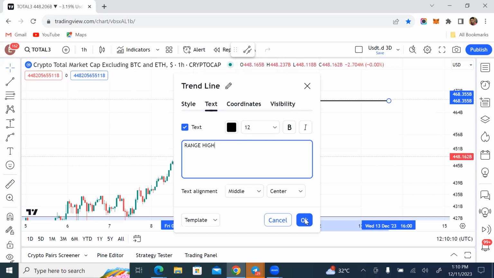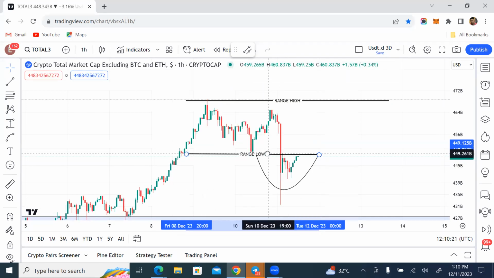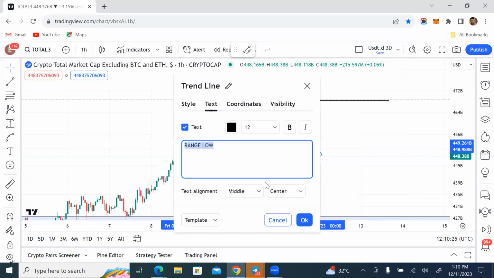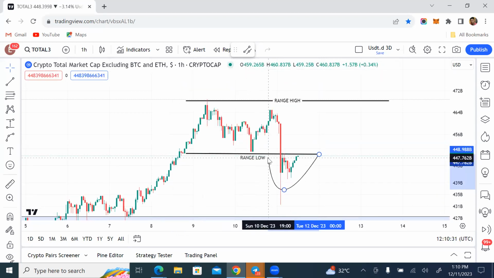Range high. That is a range low. Put that at the bottom. Yeah, so basically that's our range low.